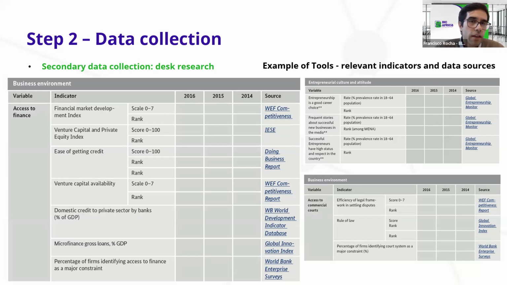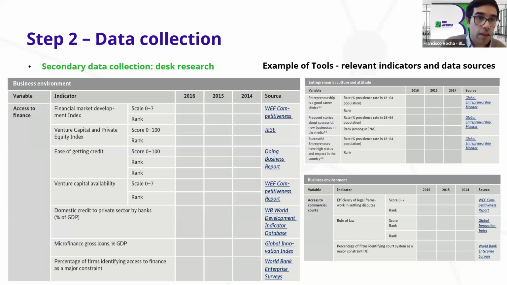You will see here, and in the guide, there is a very comprehensive section with several tools and examples of what you can try to summarize through different indicators. You'll see there on the left, for example, that the guide shows an example of how we can define access to finance and how we can find relevant indicators related with access to finance in a specific country or region.